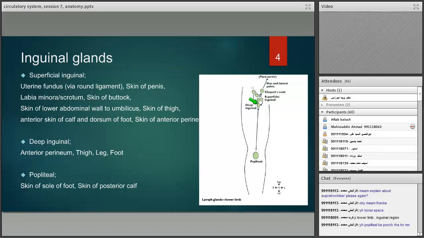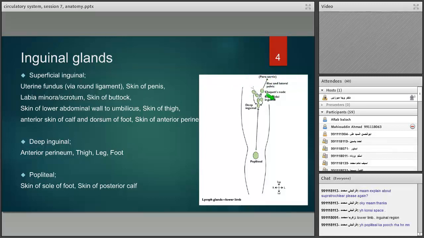The inferior group are receiving the lymph of the lower limb mostly, but the superior group, I mean this group, are receiving the lymph from the gluteal, the abdomen, the lower part of the abdomen, and back.